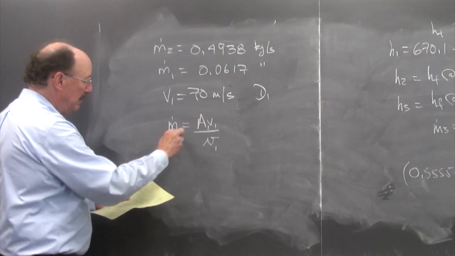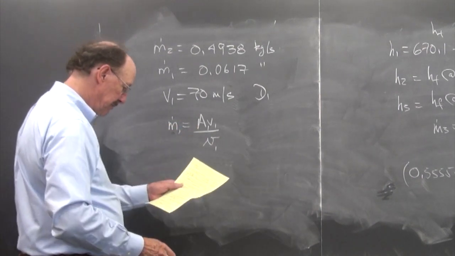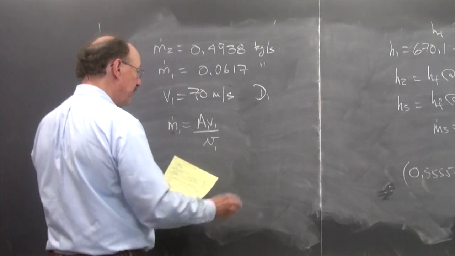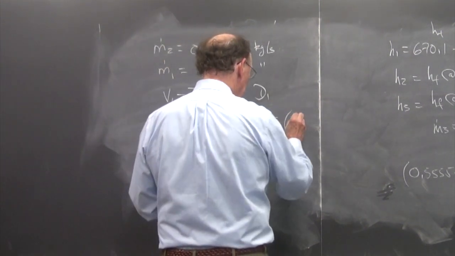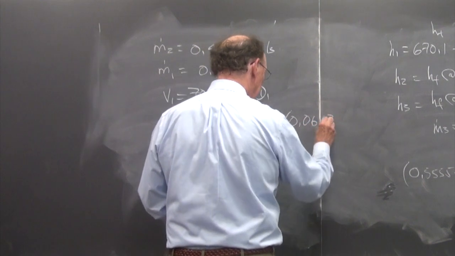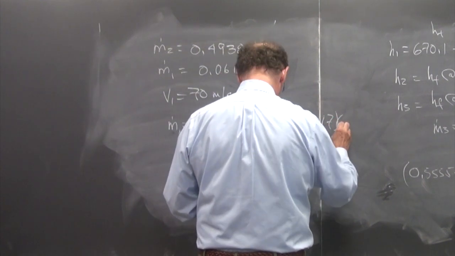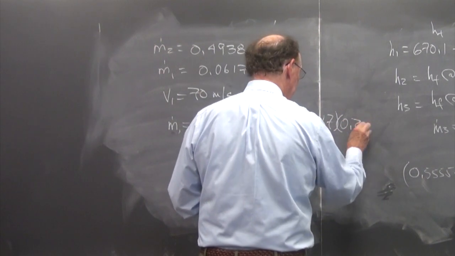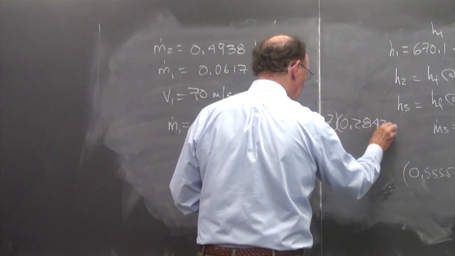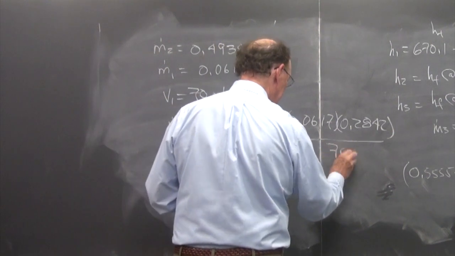So for m dot 1, we have all these values, so we can substitute in and solve for A1. A1 is equal to 0.0617 times the specific volume 2842 divided by the velocity 70.